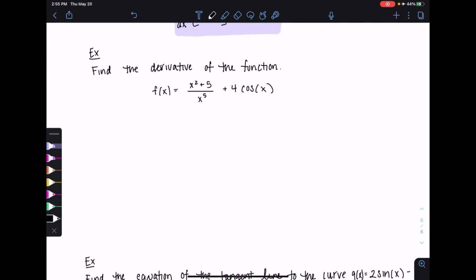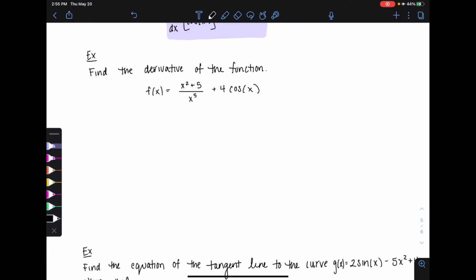Let's find the derivative of this function, which is x squared plus x divided by x to the 5th plus 4 cosine of x. Before I can even start taking a derivative, I've got to simplify stuff. First and foremost, I've got to divide both of these pieces by x to the 5th, because I don't know how to deal with that right now. And then my cosine of x, that's fine.